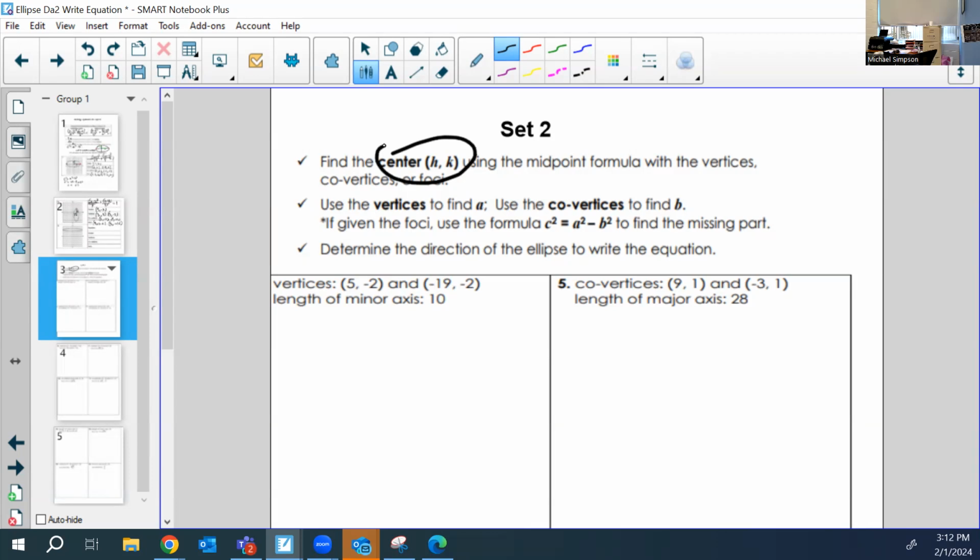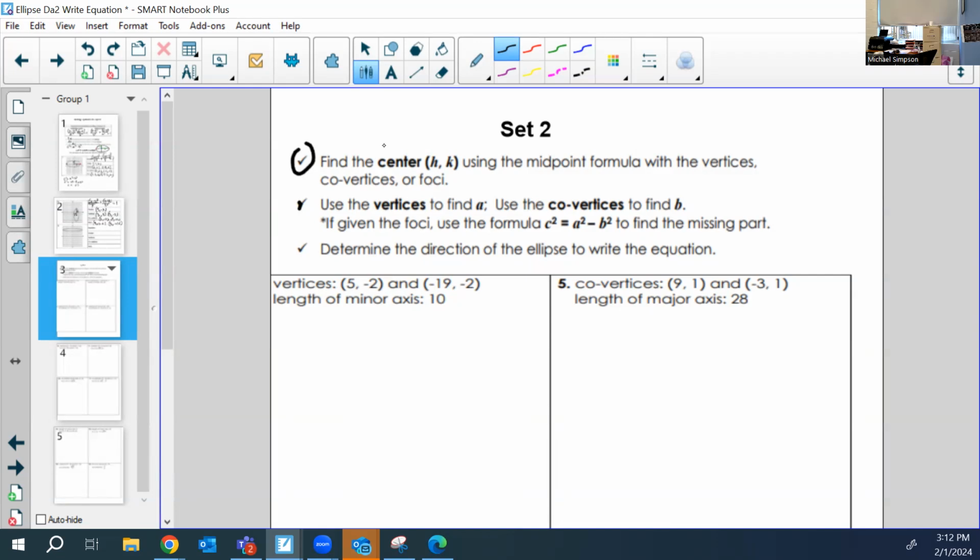And then you have to determine whether the ellipse is horizontal or vertical. So step 1, find h, k, the center. Step 2, find a and b. And in between, determine whether the ellipse is horizontal or vertical, and then write the equation.